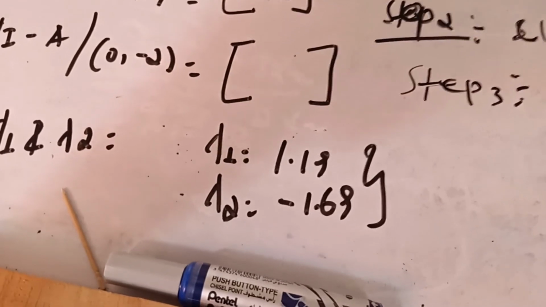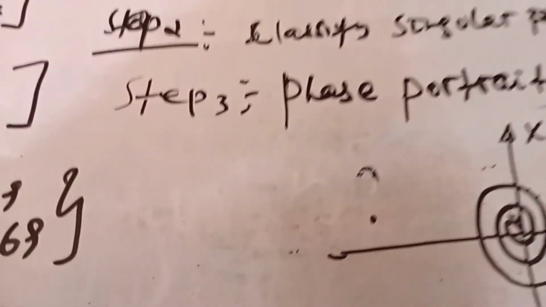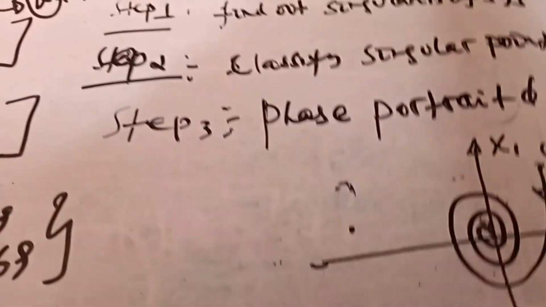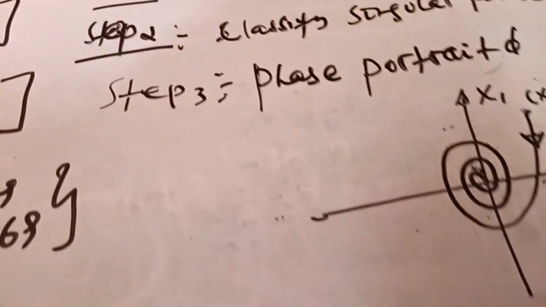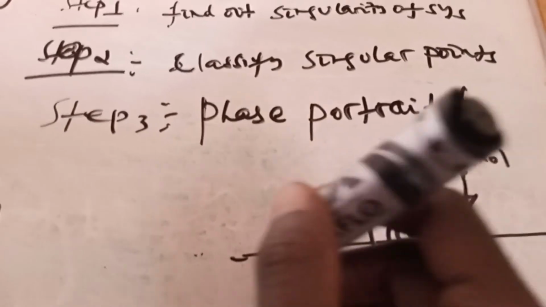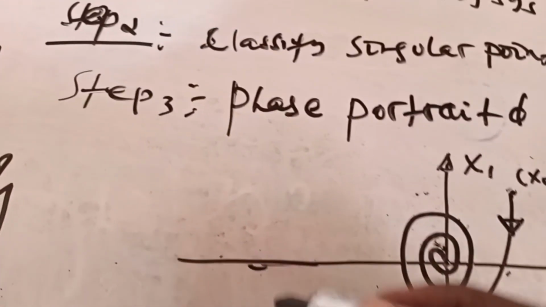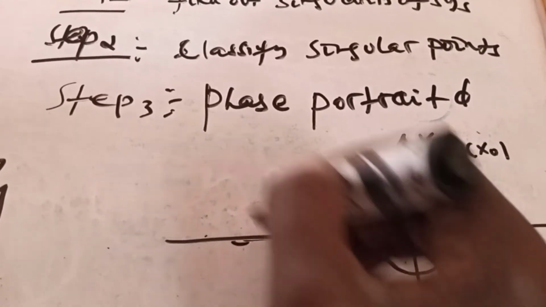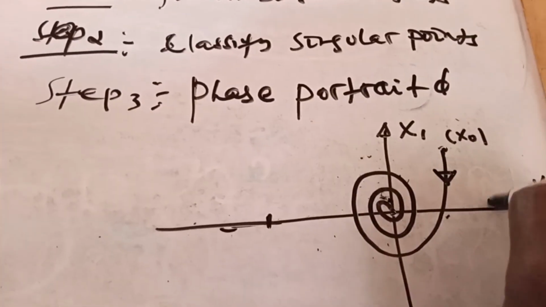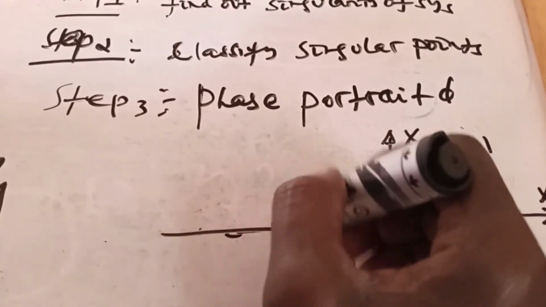We said in a previous introductory class that if one lambda is positive and the other lambda is negative, our phase portrait makes a saddle point.